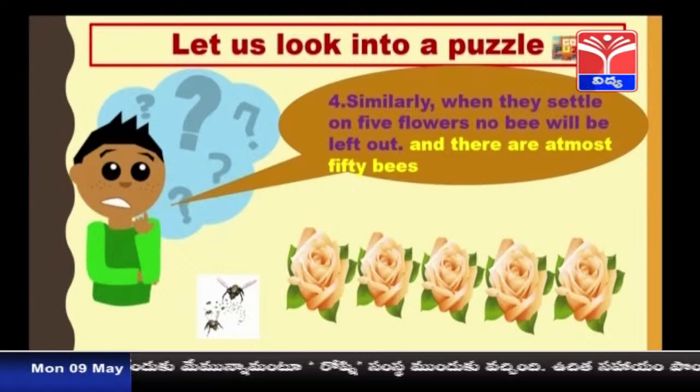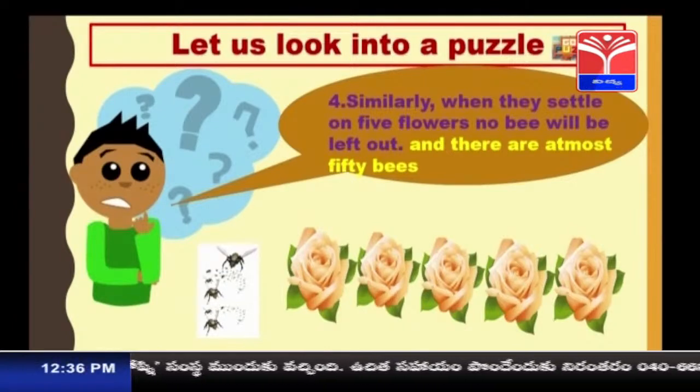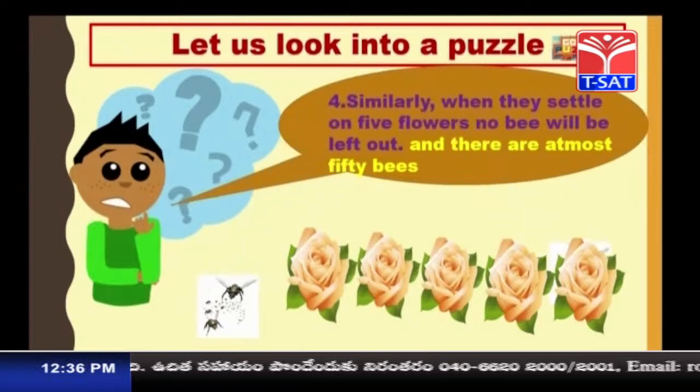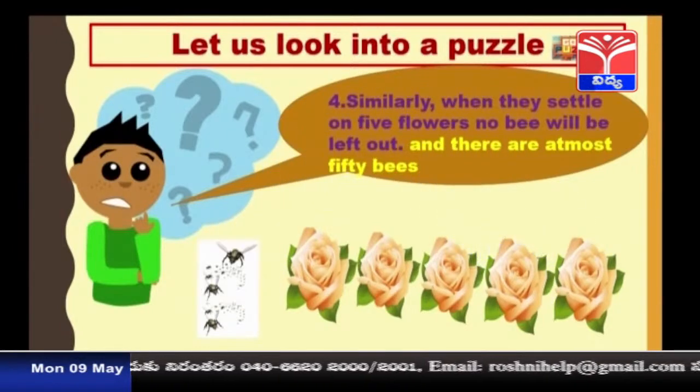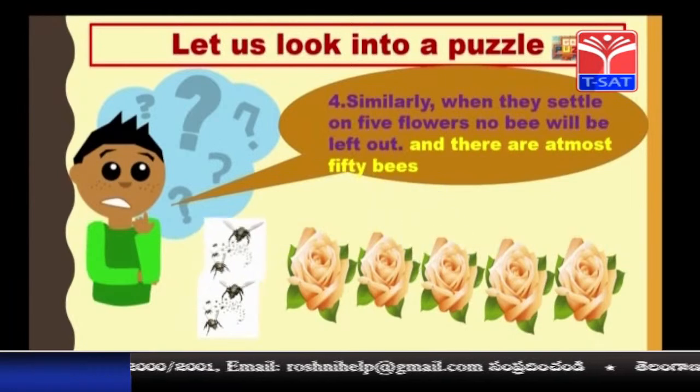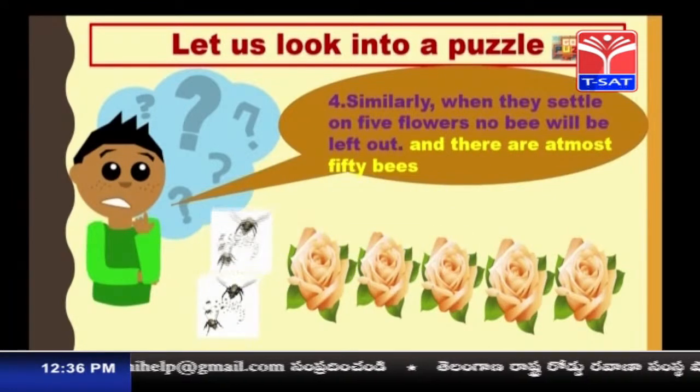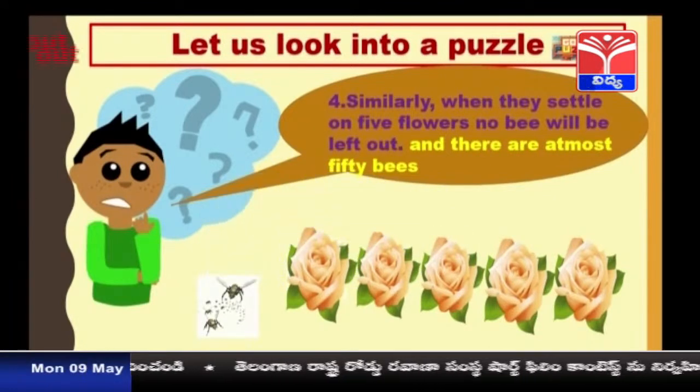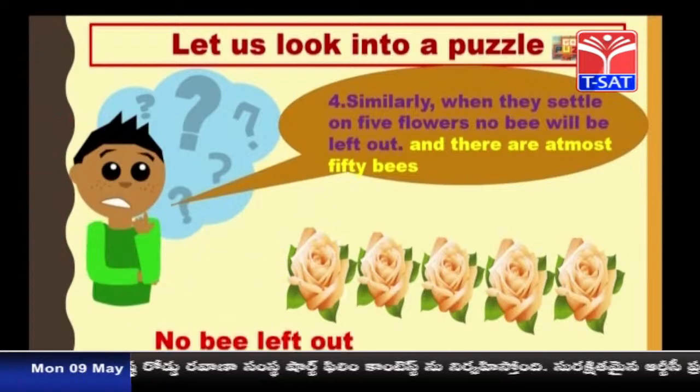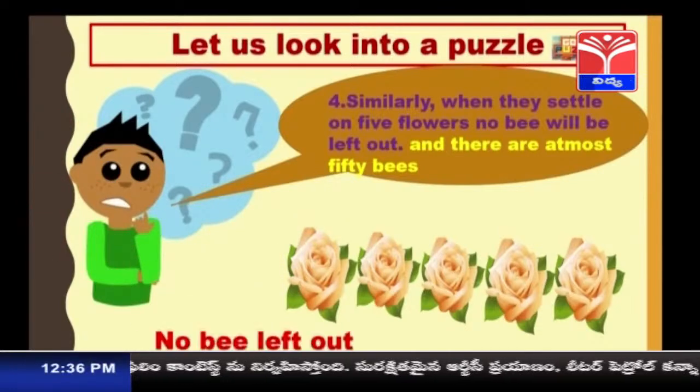That means there are five flowers, an equal number of bees settle on each flower, then no bee is left out. So these are the hints given. With these hints, let us solve this puzzle.